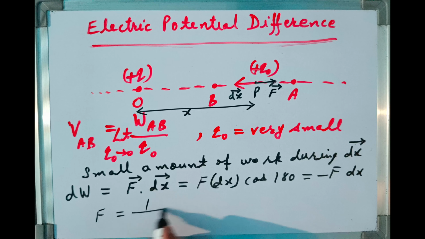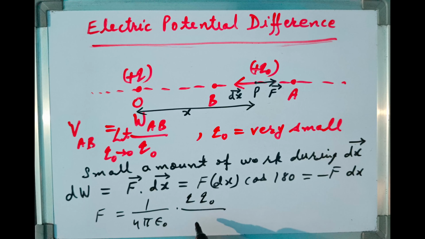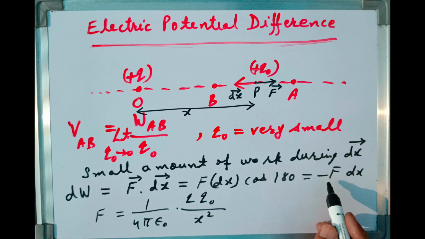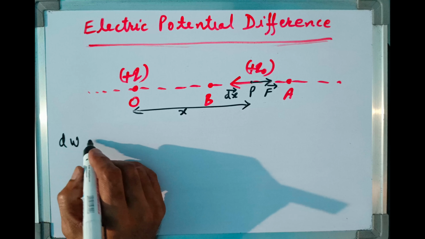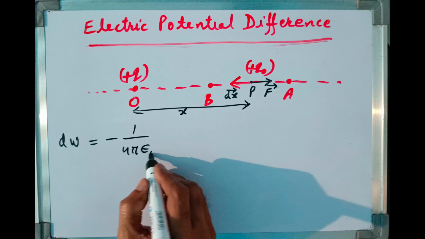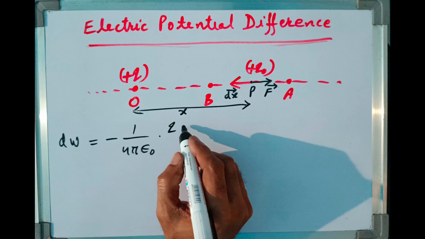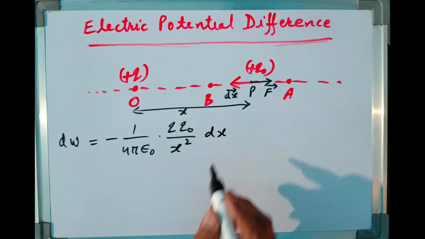F is equal to 1 upon 4 pi epsilon naught into first charge into second charge divided by square of the distance. Distance between them is x, it is x square. By putting this value of F here, we can find value of dw. So small amount of work done can be written as minus 1 upon 4 pi epsilon naught Q Q naught divided by x square into dx.